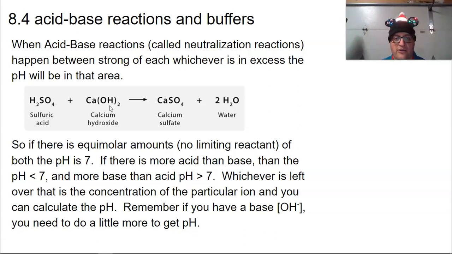Then you would need to do your calculations to determine pH. So you just see what's left over, what's in excess, essentially. Remember, if you've got a base, you've got hydroxide, so you need to do a little bit more to get pH, rather than if you have excess hydrogen ion.